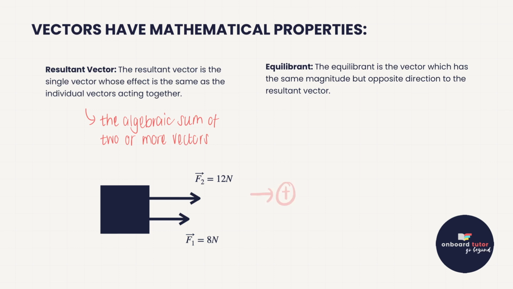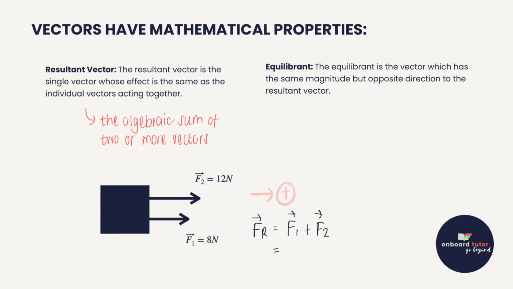So since the resultant vector is also referred to as the algebraic sum of two or more vectors, we can then say that our resultant vector is equal to force F1 plus the force of F2.